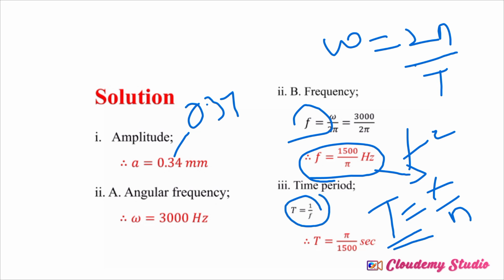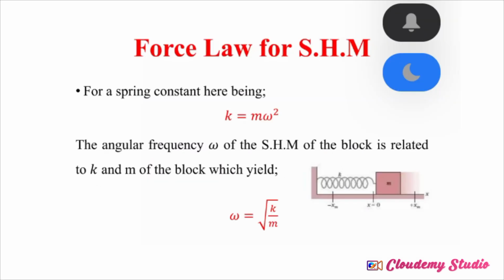So they can just give you something like this to test your knowledge of the progressive wave equation. But all this should come under waves. But then they can ask in simple harmonic motion too. So let's talk about the spring constant for year 2. They said first law for simple harmonic motion, k is equal to m omega squared.